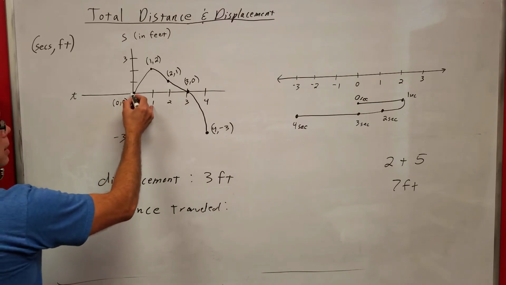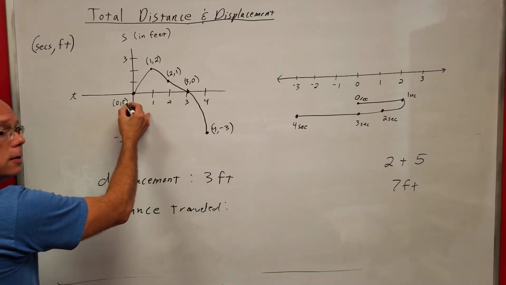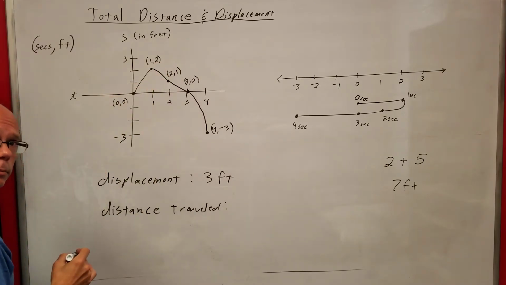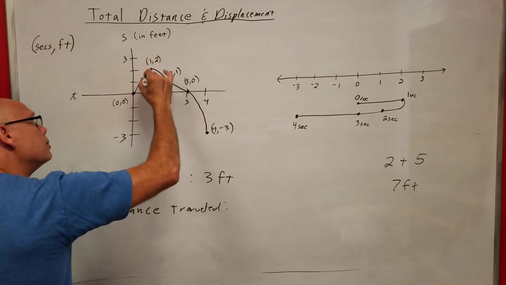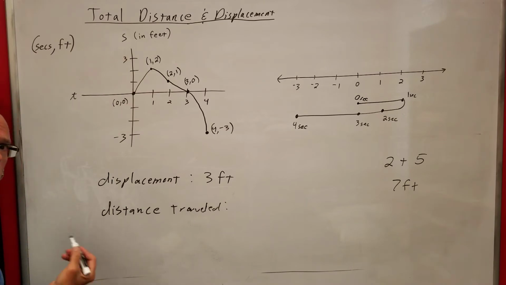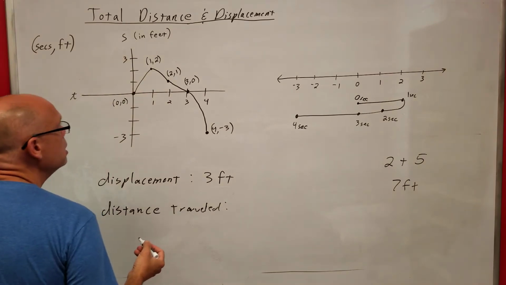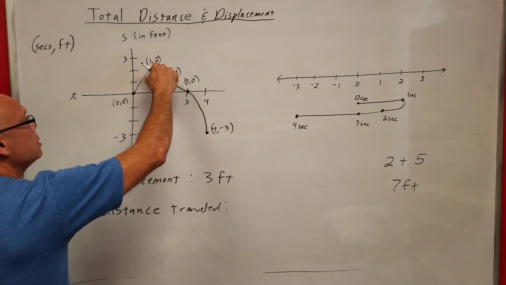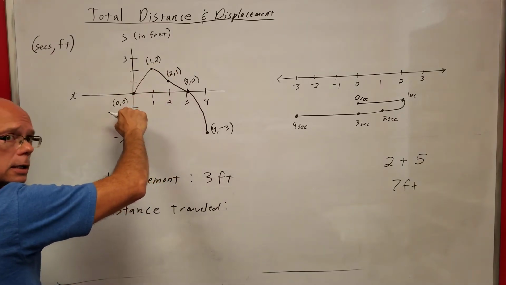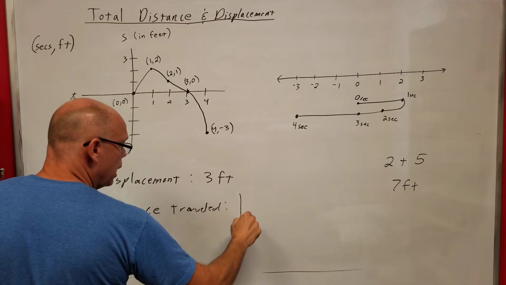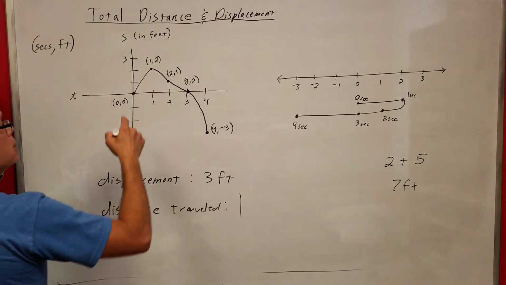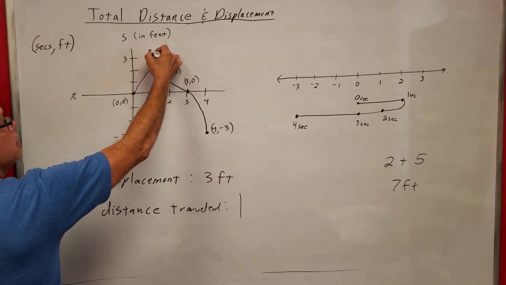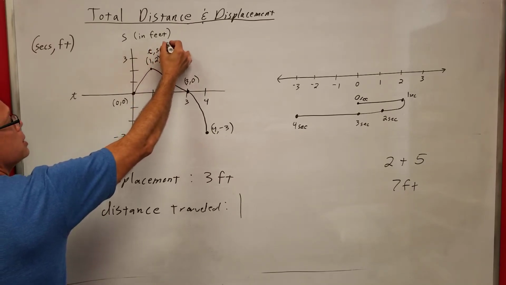So right here, at 0 seconds, I'm at 0 feet. And right here, at 1 second, I'm at 2 feet, right? So how far did I travel right here? I traveled 2 feet, right? And normally what we do is we say 2 minus 0. Or in fact, another way we write this is we say, okay, this is the ordered pair t, comma, s of t.